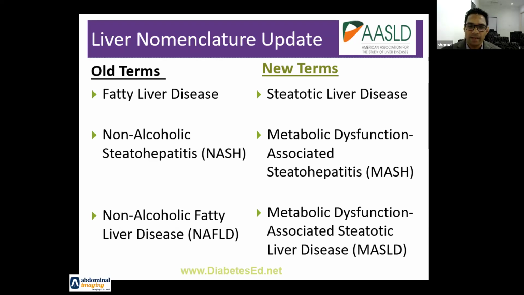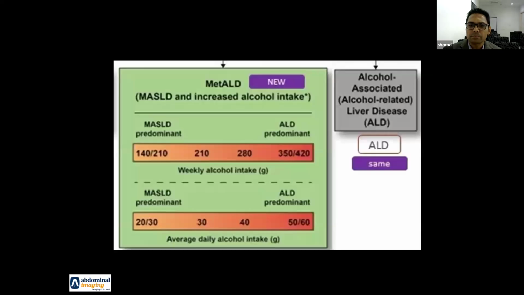And when fatty liver becomes associated with inflammation, then it becomes steatohepatitis. So it is called metabolic dysfunction associated steatohepatitis. Short form is MASH. So, as Dr. Rijo said, we have a window of 15 to 20 years before fatty liver becomes cirrhosis.